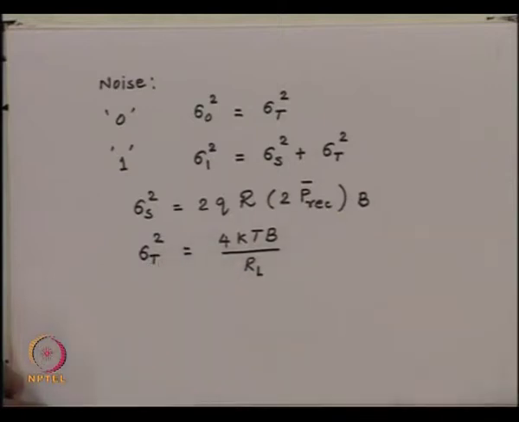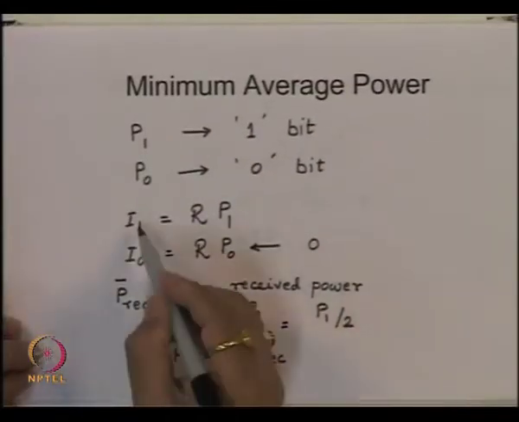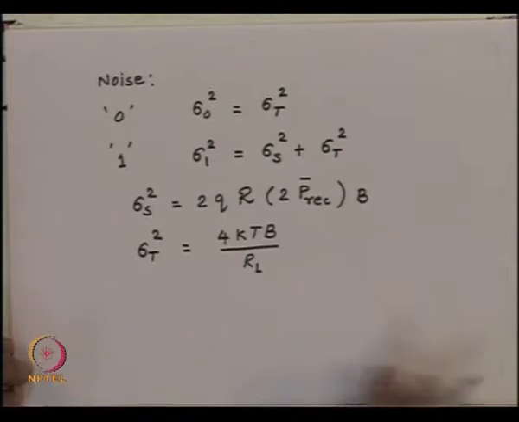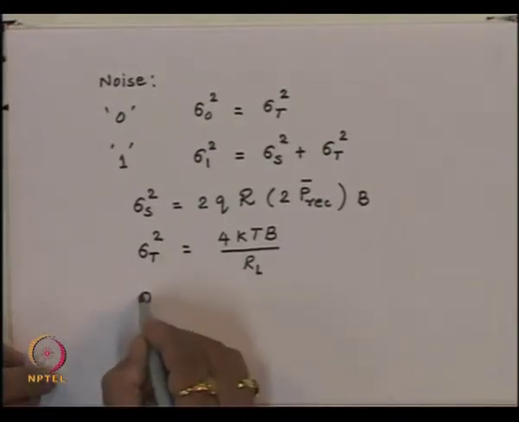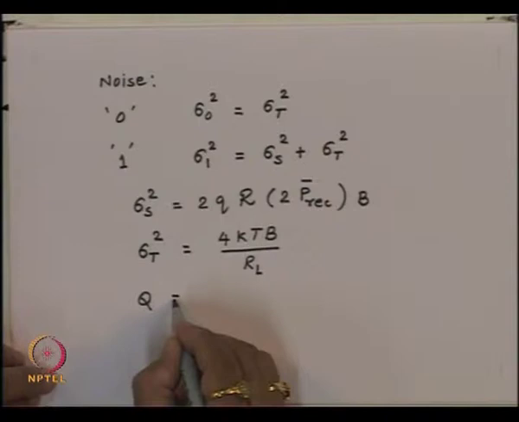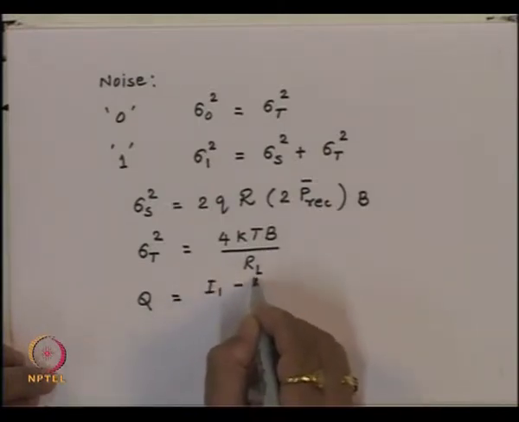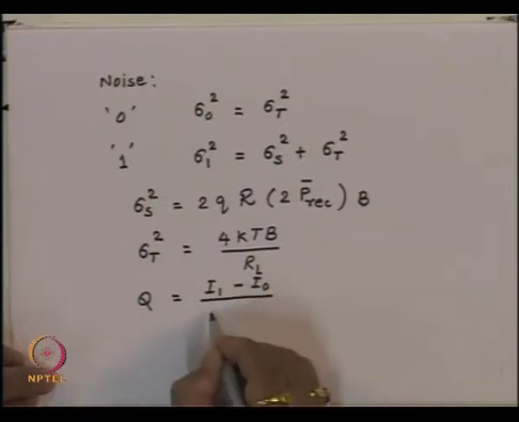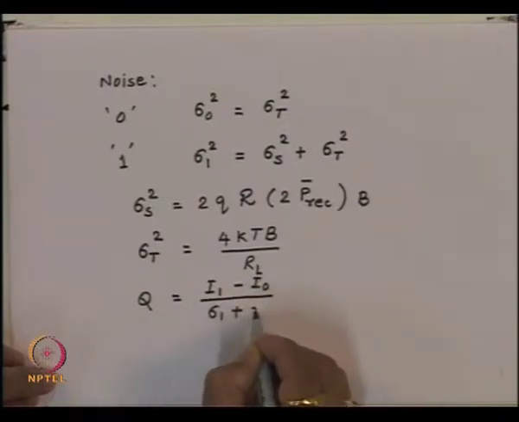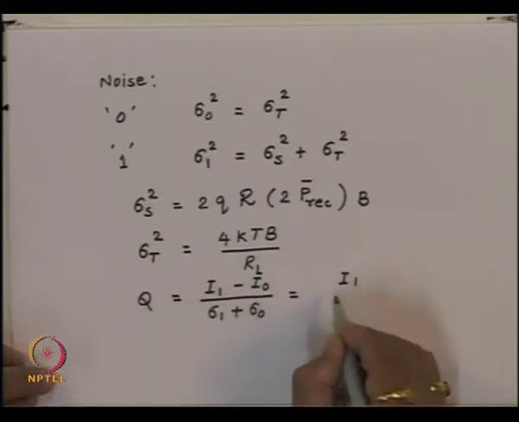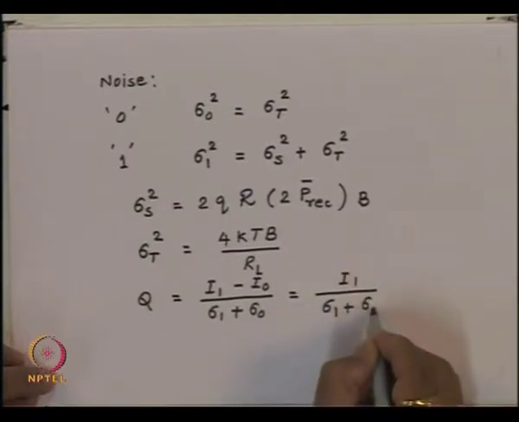Once we get these quantities, we know these levels I1 and I0, and I0 is 0, and we also know sigma s and sigma t. So, we can now define the quality factor Q, that is equal to I1 minus I0 divided by sigma 1 plus sigma 0, and since I0 is 0, this is essentially I1 divided by sigma 1 plus sigma 0.